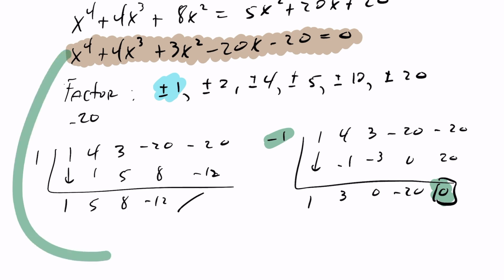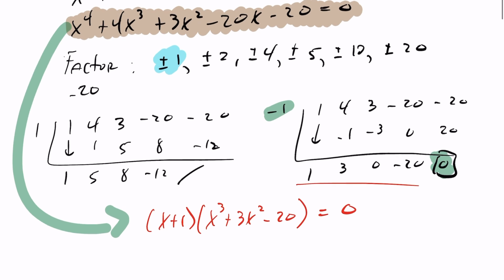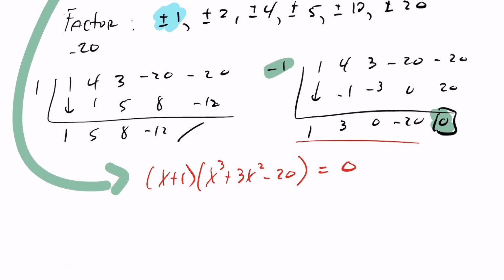So this polynomial will now break up into, I know I have a root at minus 1, so you're going to have an x plus 1 here. And then again, you read these coefficients down, so this becomes x cubed plus 3x squared minus 20 now equals 0.